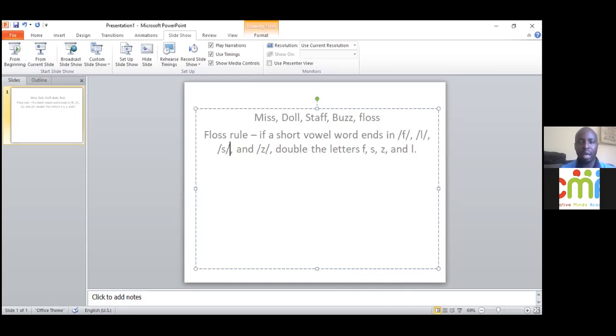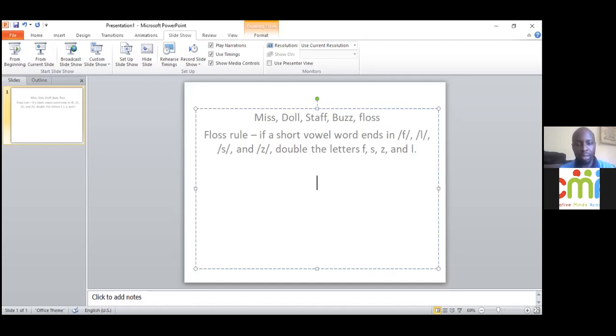I might not have stated it so well, but it clearly tells us that at the end of a short vowel word with a single syllable, we have to double the letters which end. This rule works for letters F, L, S, and Z. That's why it is called the Floss Rule. In some books, they call it the Fizzle Rule.